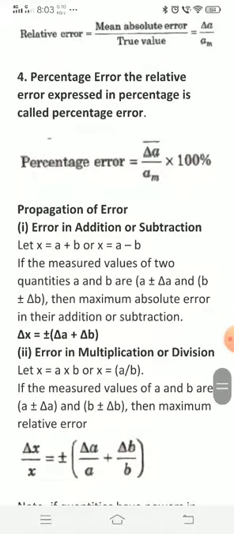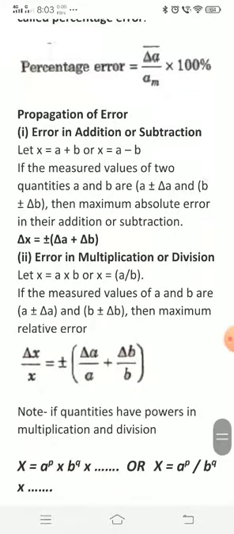We also know that in physics quantities are represented as expressions. These expressions may be in the form of sum or difference or multiplication or division.